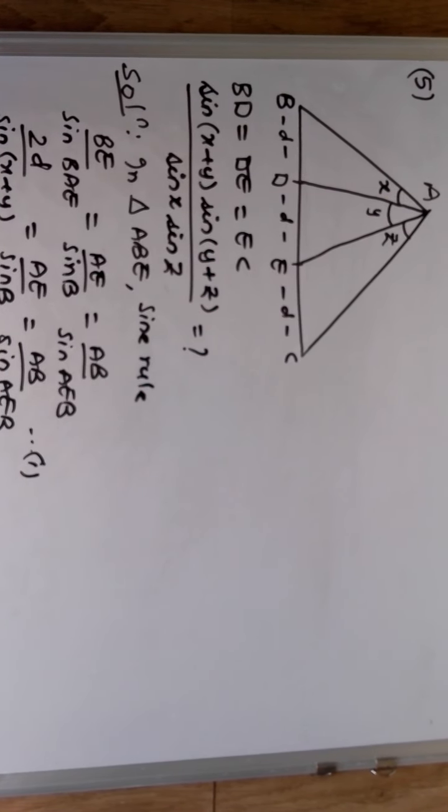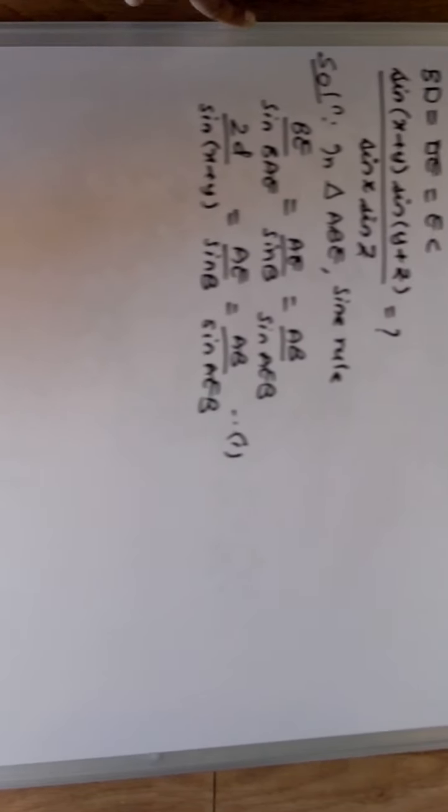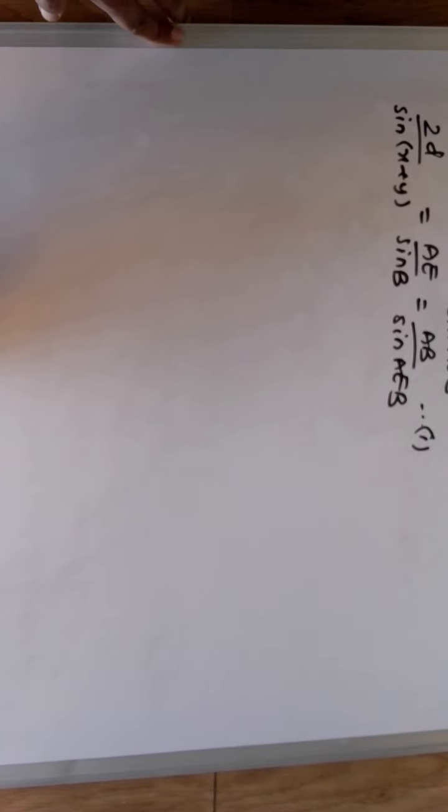Now for the second one, I am going to scroll the figure upside. So please draw the figure, without which you will not be able to solve. Now I want y plus z, right?